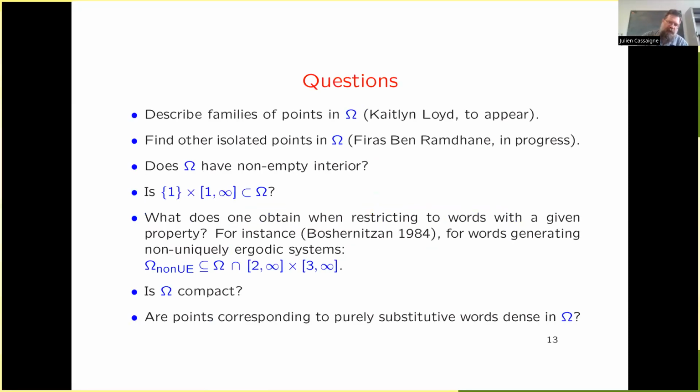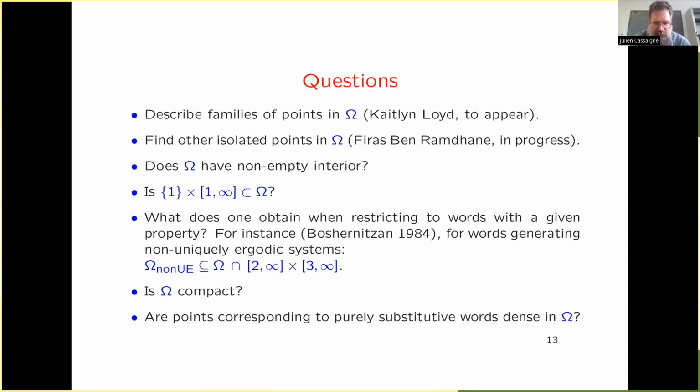Okay, so these are two examples of things you can do. Here are many other questions about this set. So, construct points. Of course, the figures there are computed from particular families of substitutions, but there are other families for which we can compute values of alpha and beta, so get points of omega.